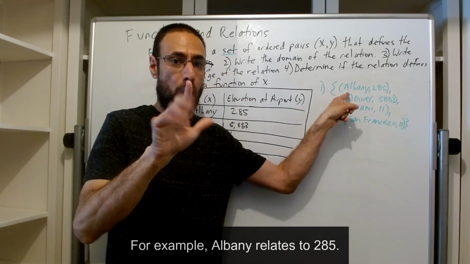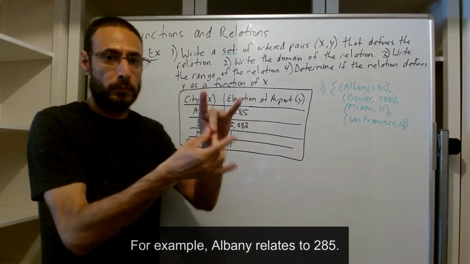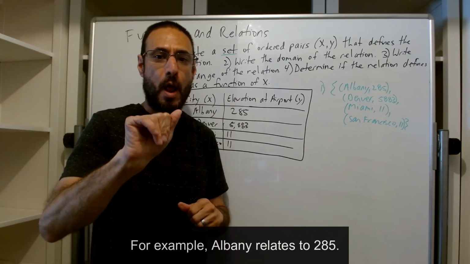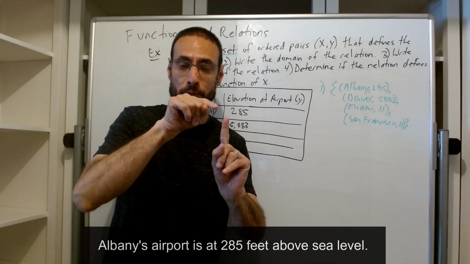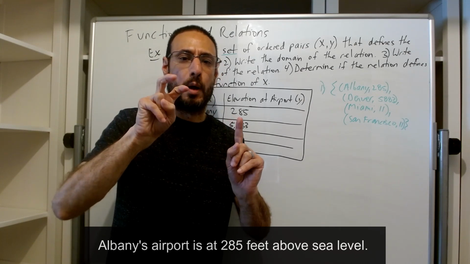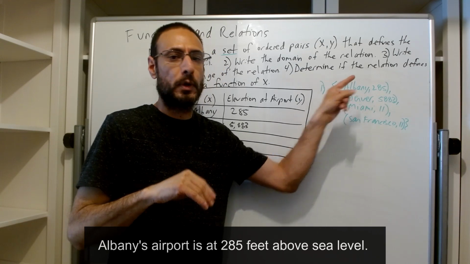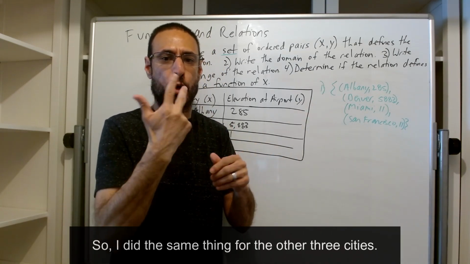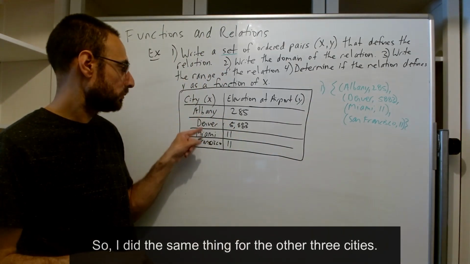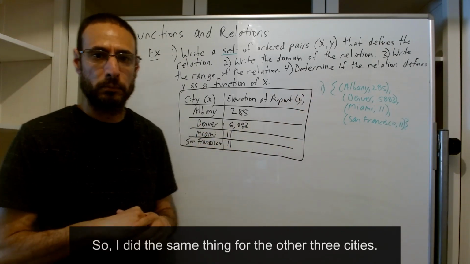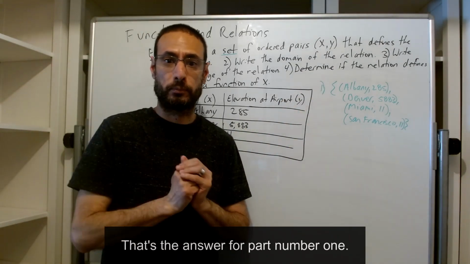For example, Albany relates to 285. Albany's airport is at 285 feet above sea level. So, I did the same thing for the other 3 cities. That's the answer for part number 1.